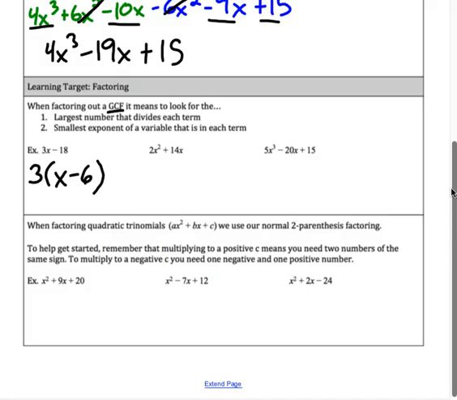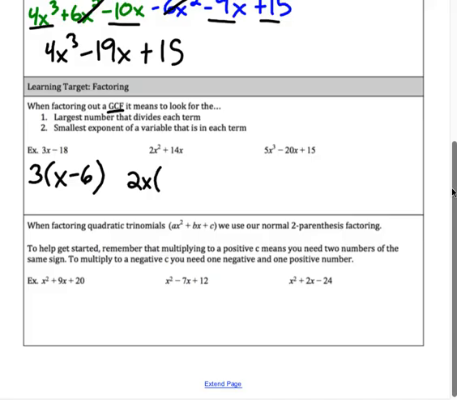For the next one, both 2 and 14 are divisible by 2. And this time, the x squared and the x, there's an x in both terms. And what that's going to do is let me take out the x as well, factor the x out.